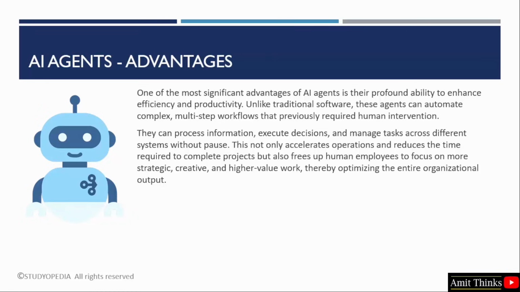This automation not only accelerates organizational performance but also liberates human employees to concentrate on strategic, creative, and high value initiatives, ultimately maximizing overall output and innovation. In this lesson, we saw what are the advantages of AI agents.